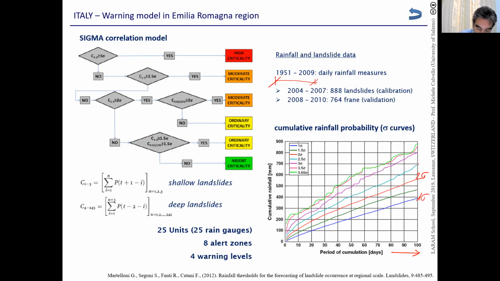And so based on that, there is this procedure that tells you when you get more than 3 times higher than the normal for rainfall that is accumulated in the first 3 days.